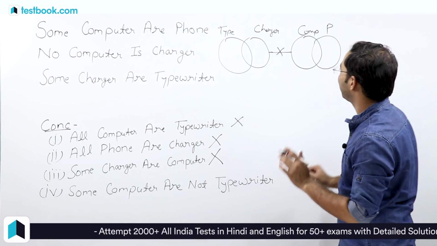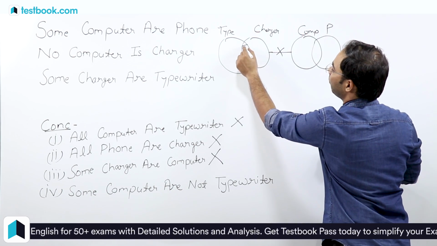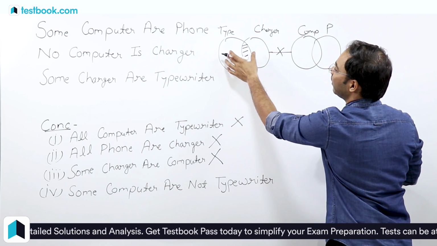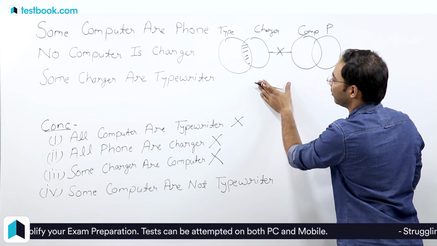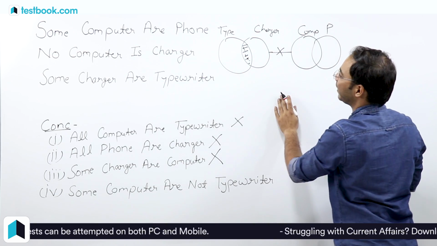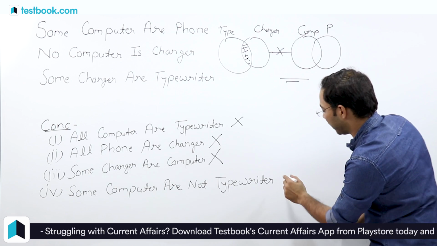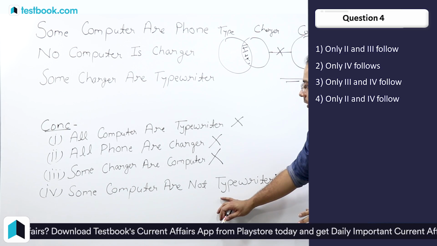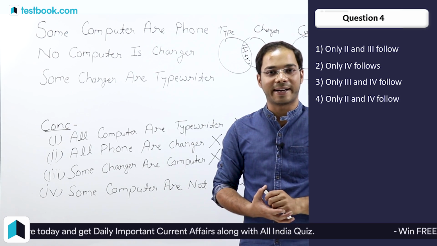So look, this part is common between typewriter and charger, and none of the computers is charger. So this part is definitely not computer. So some computers are not typewriters. This will be correct. Only the fourth conclusion is correct, which is given in your option number 2.